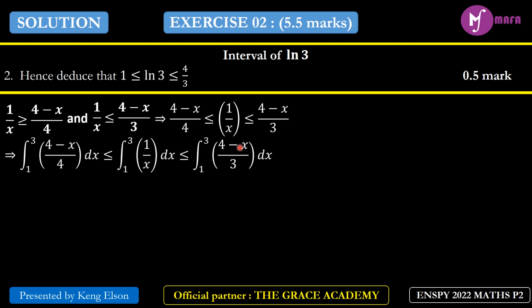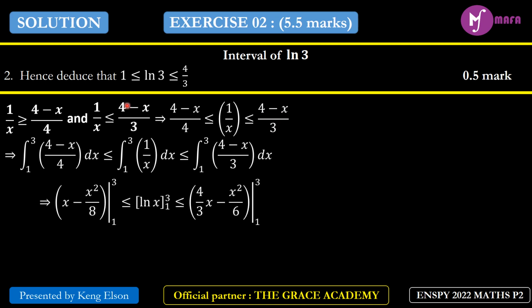So integrating, you're going to have the integral from 1 to 3 of the lower bound less than or equal to the integral from 1 to 3 of 1 over x less than or equal to the integral from 1 to 3 of the upper bound. If you integrate (4 minus x) on 4 from 1 to 3, you're going to have x minus x squared on 8 from 1 to 3. If you integrate 1 over x with respect to x, you're going to get ln x from 1 to 3.